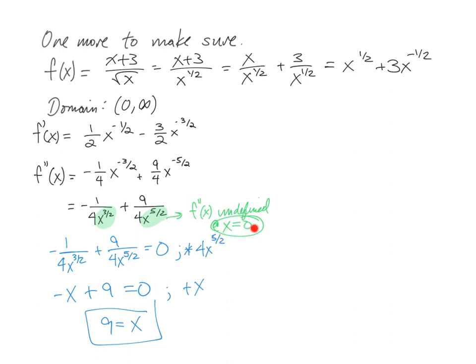So here we have two critical values for the second derivative. However, since this critical value is not in the domain of the original function, this cannot give us an inflection point. We still have to use it when we are doing our number line here.